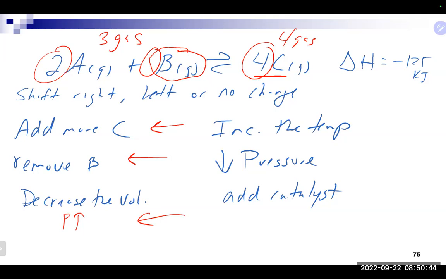In this case, we're going to then increase the temperature. So we do have a delta H value given to us. Delta H value given to us means here in this case, endothermic or exothermic. It is exothermic because it's negative, which means if we added the heat to our reaction, it would be on the product side.